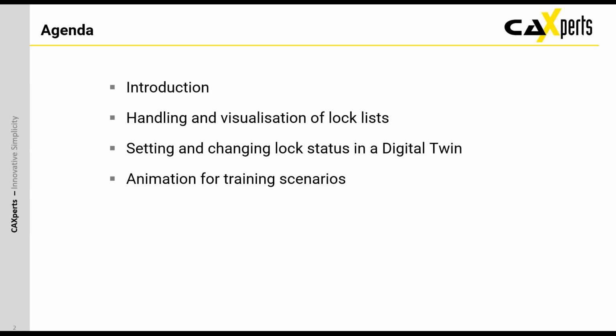So giving an example how animation could look like. And last but not least, preview on upcoming features for the use case. So this is a proof of concept demonstration of how managing lock lists or isolation lists could be done with future features introduced with the upcoming version of UPV.